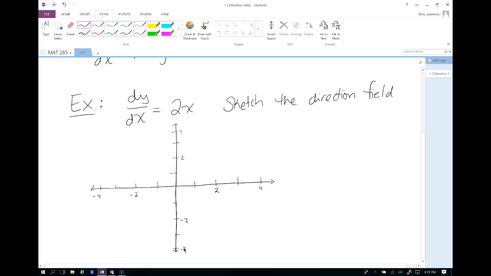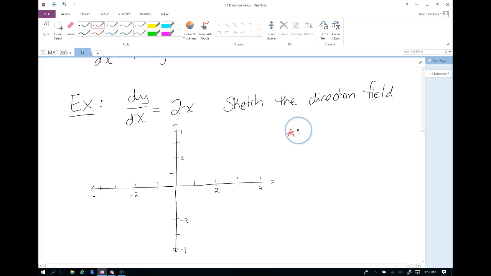I'm just going to pick a point on the plane, and I am going to plug that point into my differential equation. And remember, dy/dx means slope. So if I were to plug that point into the right-hand side of my differential equation, it will tell me what the tangent slope of the solution function is there if my solution function were to go through that point.